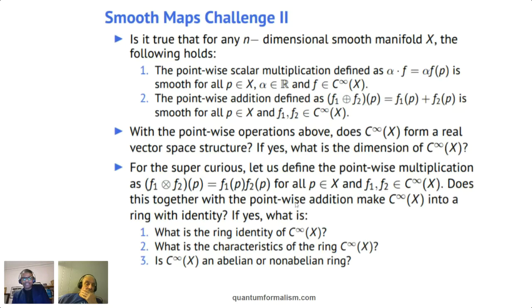Now the question is whether this multiplication, together with the addition here, makes C infinity of X into a ring with identity. And if that's the case, what is the ring identity? And also, what is the characteristic of this ring?